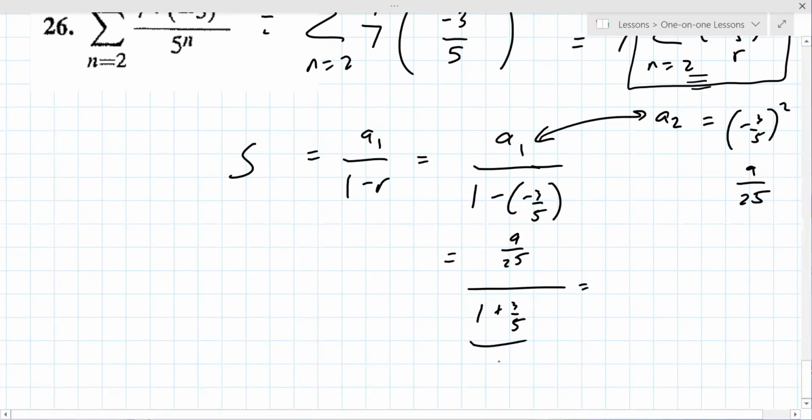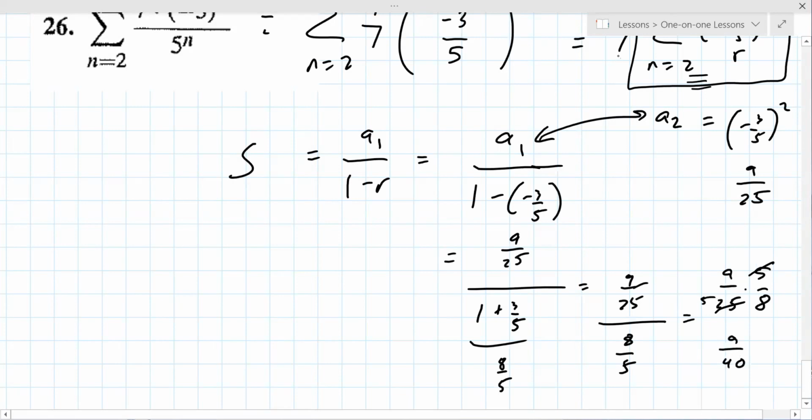This down here is 8/5, so it's 9 over 25 over 8/5. Then you multiply by the reciprocal on the bottom, so it becomes 9 over 25 times 5 over 8. So it becomes 9 over 40.